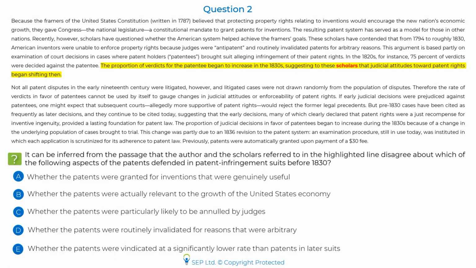It's only that those are the scholars that we are talking about. So those scholars who believe that the attitude started to change after 1830, those scholars and the author disagree about which aspect of the patents defended before 1830? What do the author and the scholars disagree about regarding the patents that were defended before 1830? So I would say pay attention to that and answer the question.